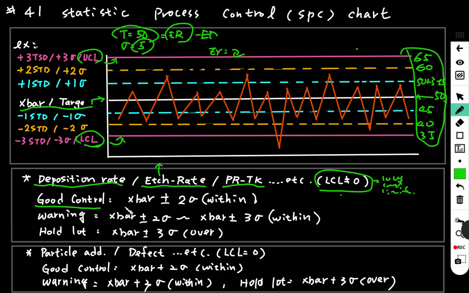A good control area is X bar, positive or minus within 2 sigma.